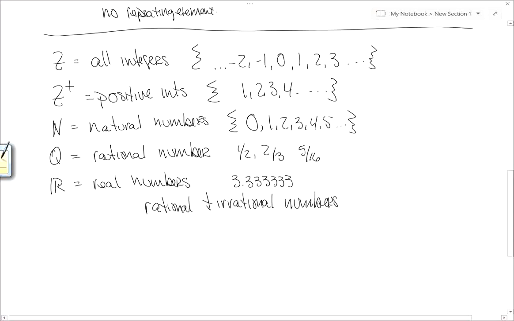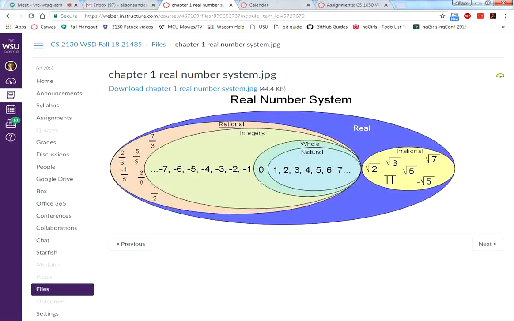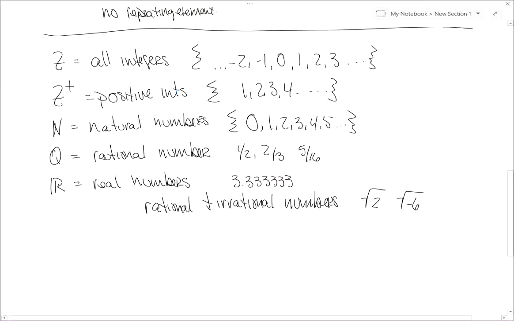Irrational numbers include things like the square root of 2, the square root of a -6. So there is a JPEG that kind of helps visualize all of these numbers. So all integers are positive and negative, whole numbers are 0 and all positive, and natural numbers are just 1 and above whole numbers. You can see that all real numbers include both rational and irrational numbers.